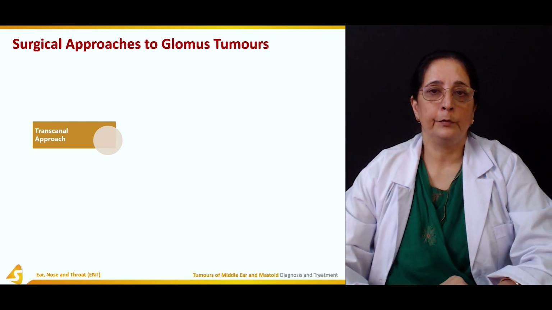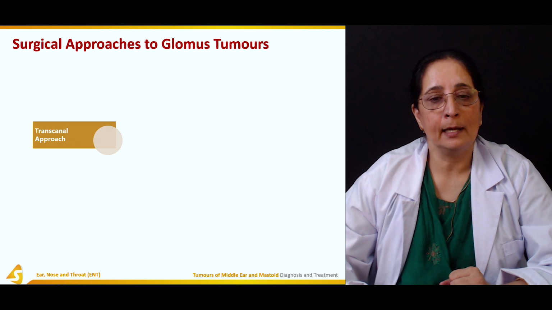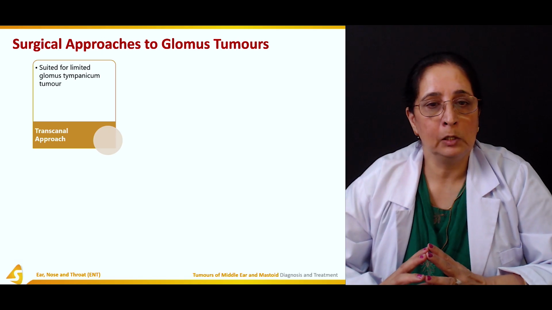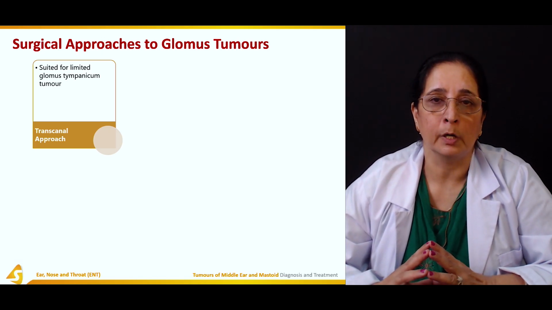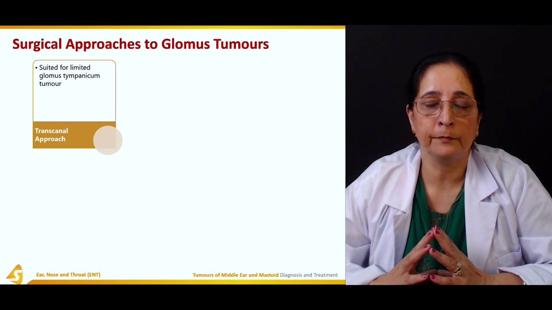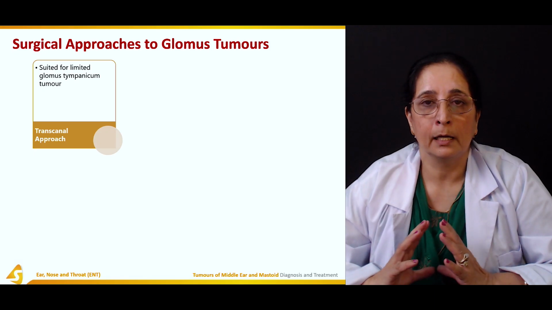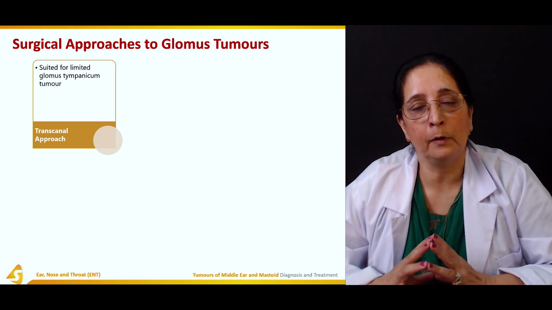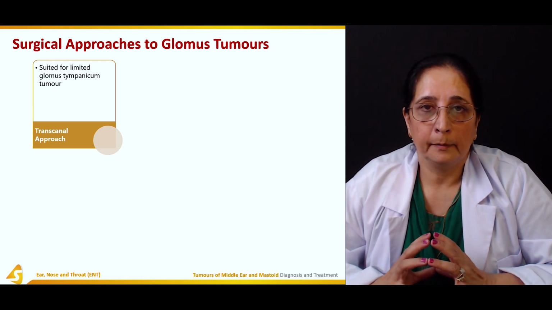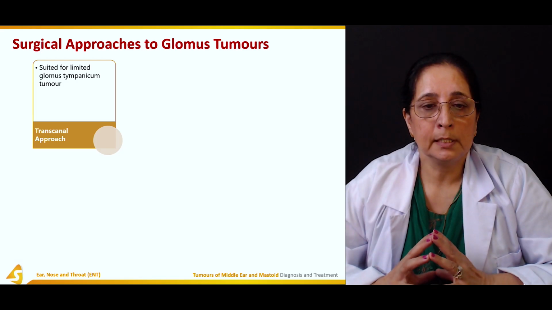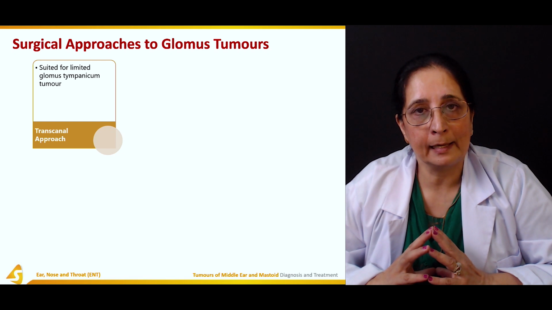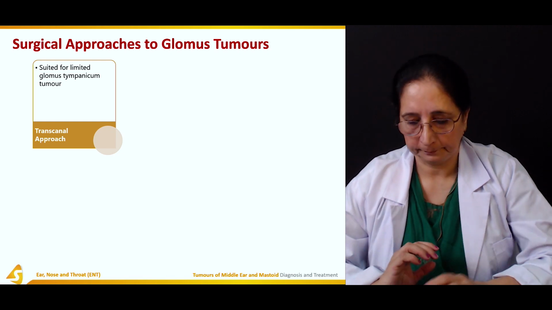The surgical approaches can be the transcanal approach, through the canal, suited for limited glomus tympanicum tumor. Localized glomus tympanicum, which arises from the tympanic bulb. So if it's localized, the approach should be transcanal, through the canal.